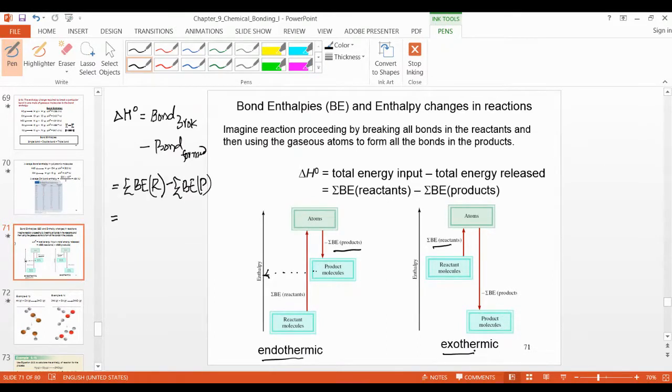But in the exothermic reaction, the reactant has less energy, and the product has very little energy. That's why this is more stable and this is less stable.